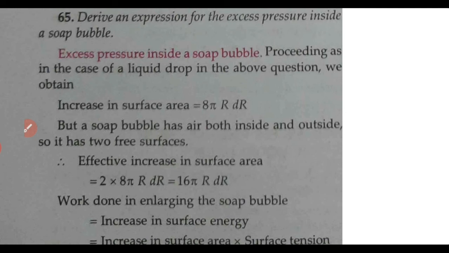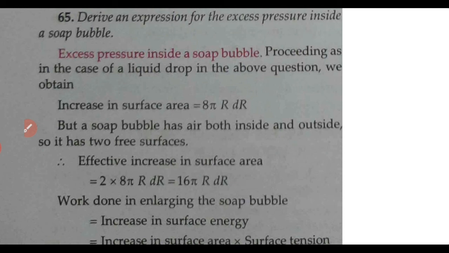So the effective increase in area, because as I said, there are two surfaces for the bubble, one inside and the other outside, will be twice as compared to the case of the drop.